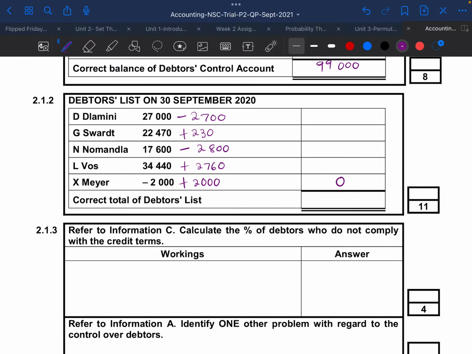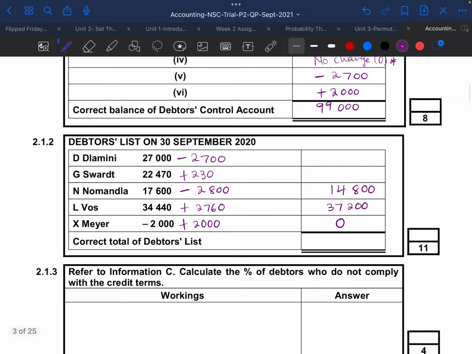And then let's just calculate the rest. It's 340 plus 2,760, and then that's 37,200. And then for Nomandla we have 14,800. Bear in mind that your correct balance of debtors control account is supposed to be the same as the correct total of debtors list.